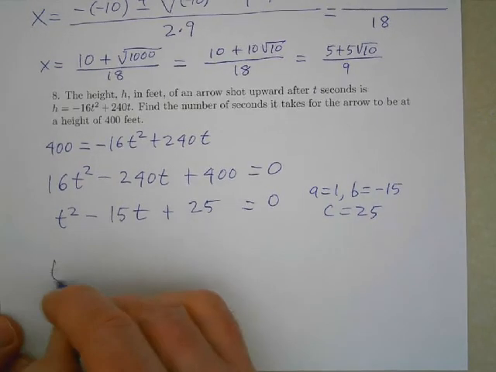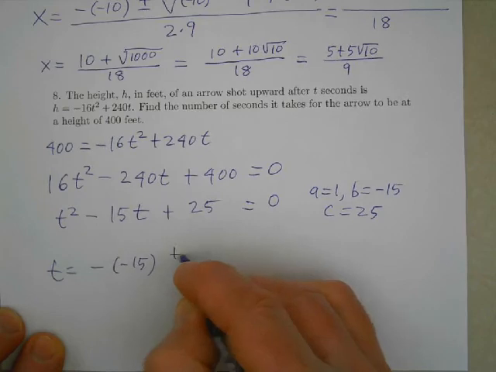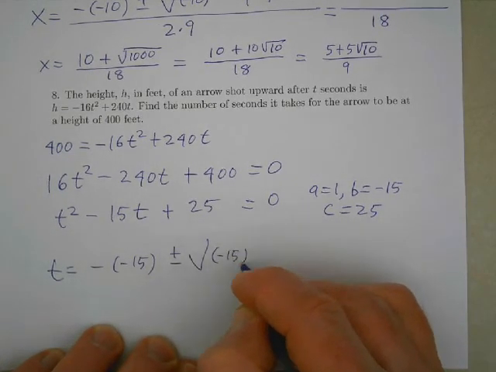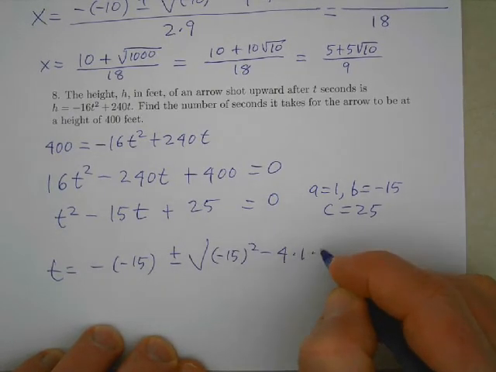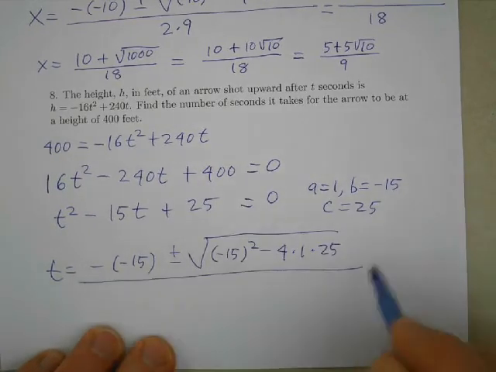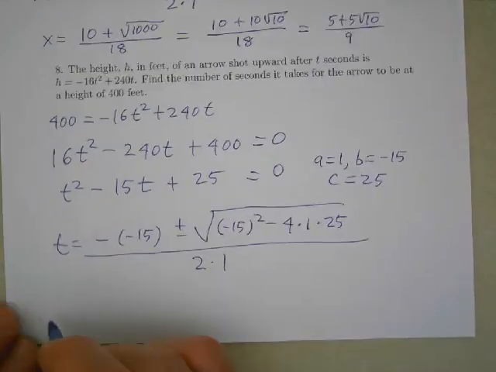So we write t equals the negative of negative 15 plus and minus the square root of the number negative 15 squared minus 4 times 1 times 25. And this is all divided by 2 times 1. Then we do some arithmetic.